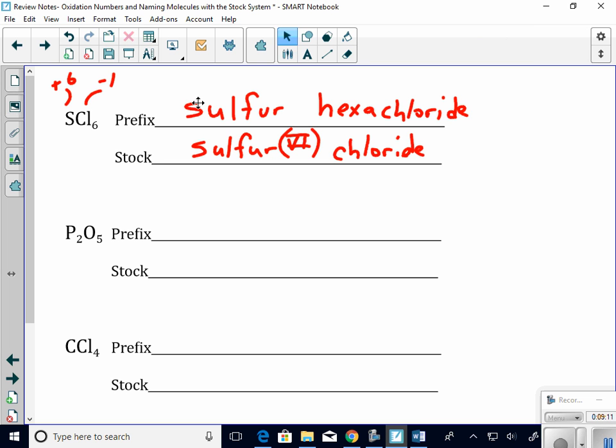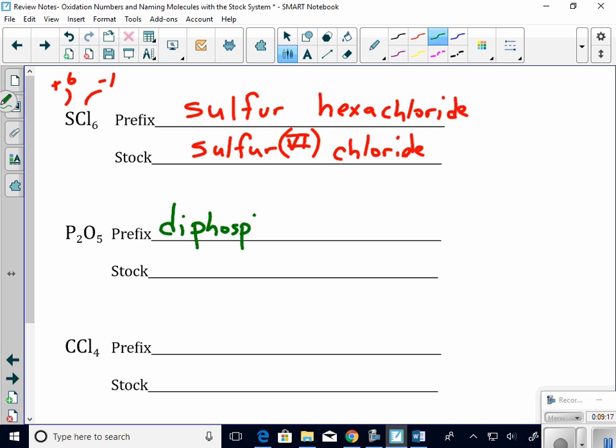Moving on. My prefix is diphosphorus pentoxide. If I'm doing my oxidation numbers, is oxygen a peroxide right here?